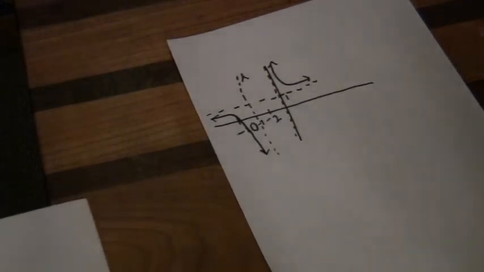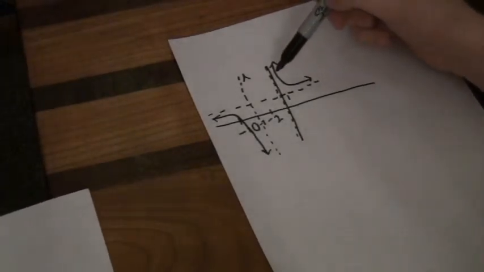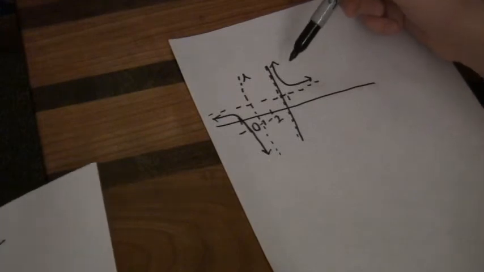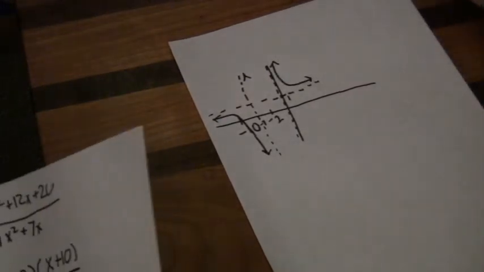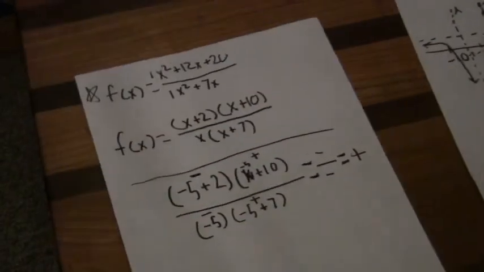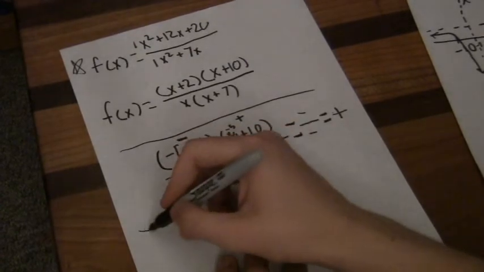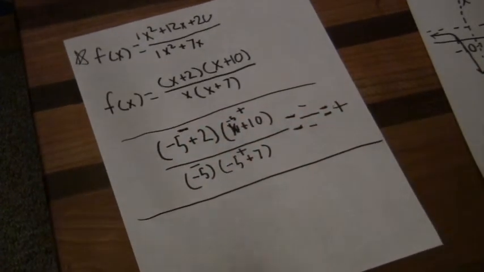Now we do the same thing with a number in between the vertical asymptote of 0 and the negative 2. Let's go with negative 1. And again, we do the same thing, where every time there's an x, we plug in negative 1.